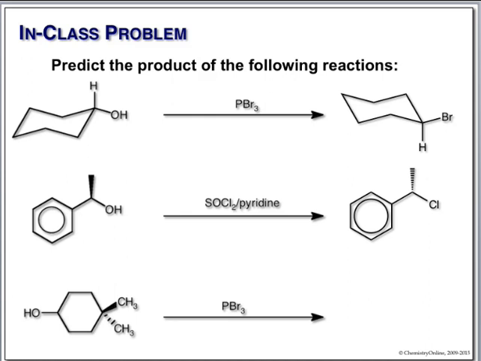PBr3, again, the OH is going to go to a bromine. We are going to get an inversion, but it's not a chiral center. So we simply need to show it like that.